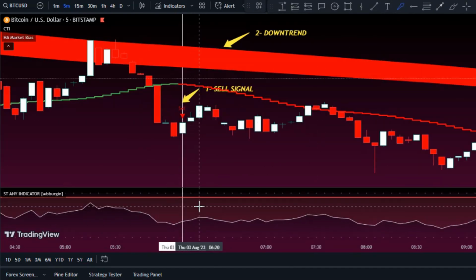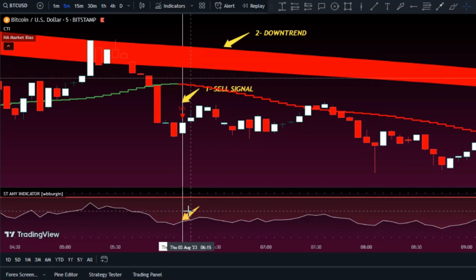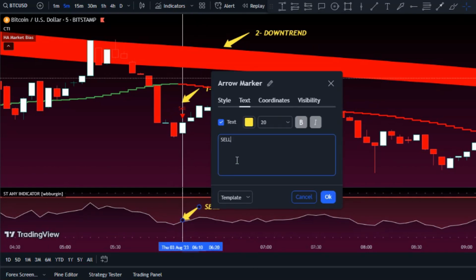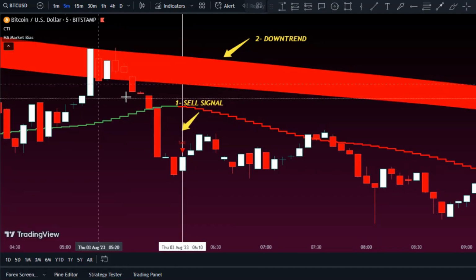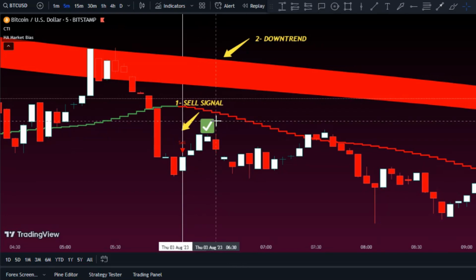Then the Supertrend Any indicator should give a matching buy signal. If all three confirm with buy signals, we can enter a long position.